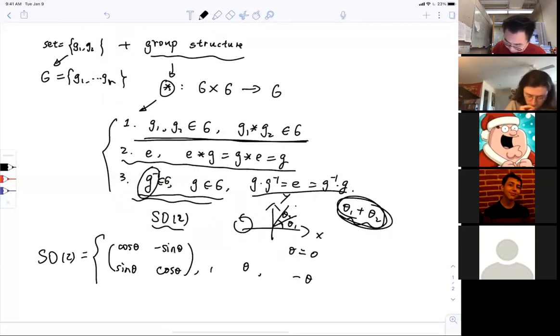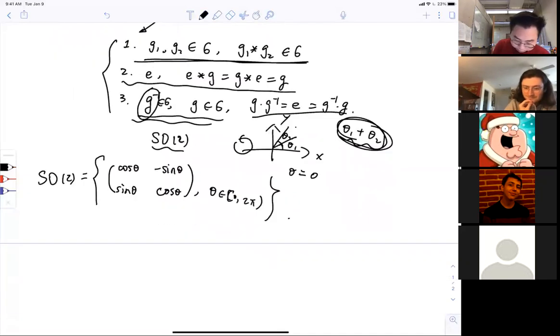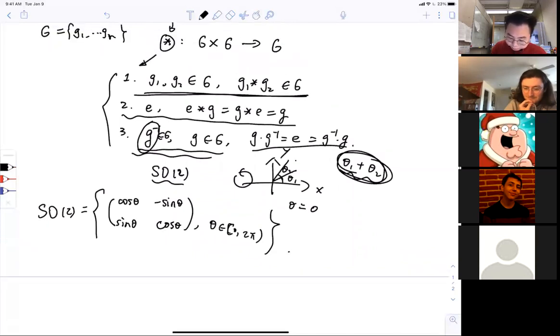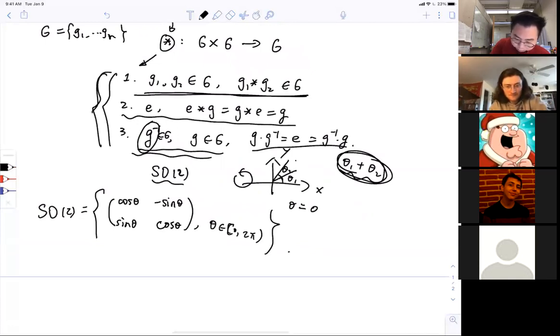And theta is from 0 to 2 pi. Each element in this set is a 2 by 2 matrix, and you can verify that all three rows are satisfied by this set.